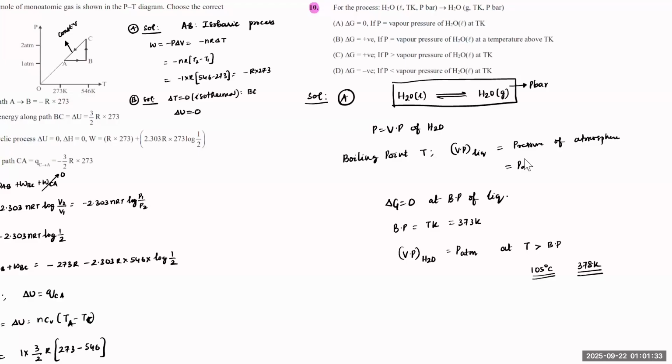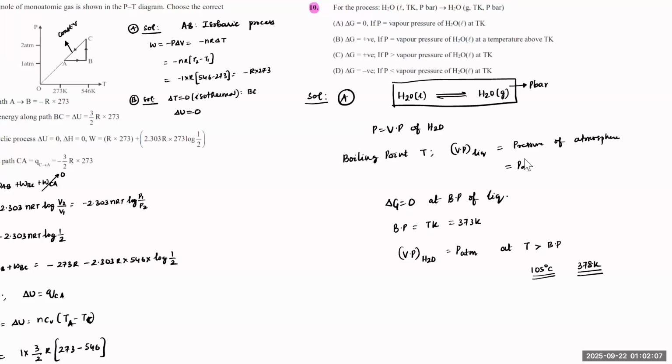But think about the alternative also. Suppose you are in a submarine somewhere, where the external pressure is high. Will the water boil at 100 degrees? No, the water doesn't boil at 100 degrees. Is the point clear, everybody? To reach that same external pressure, you require more temperature. So at 100 degrees, the reaction would still be more in the backward direction and not the forward direction.